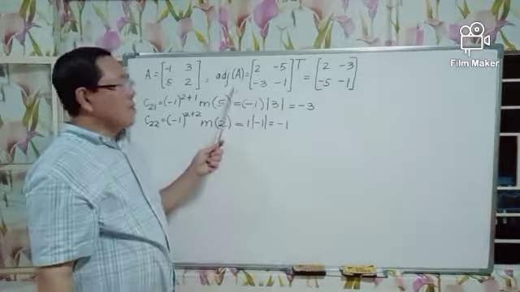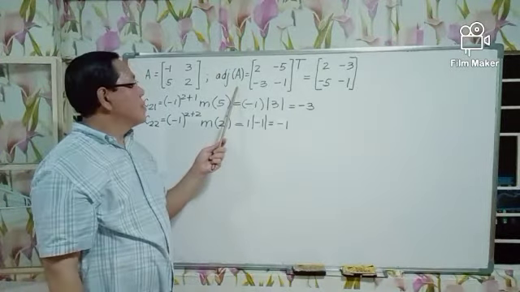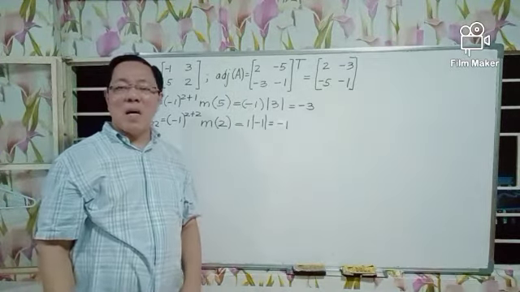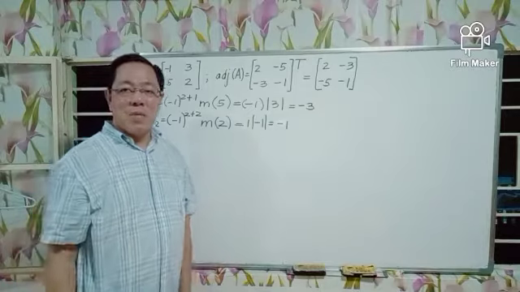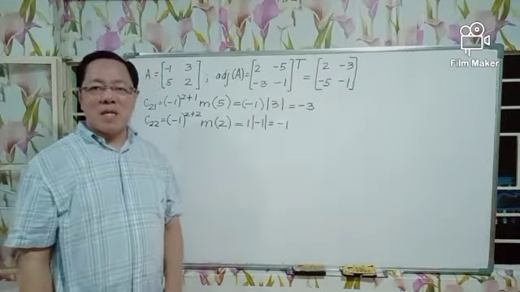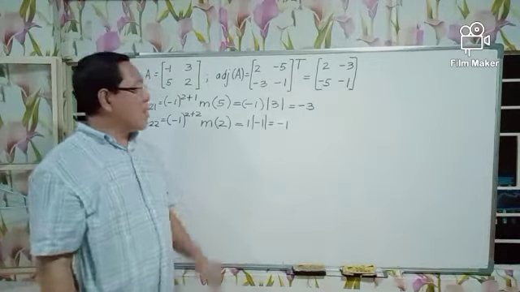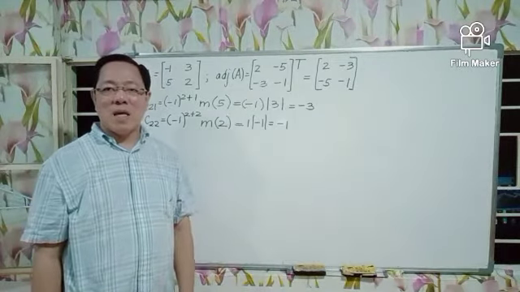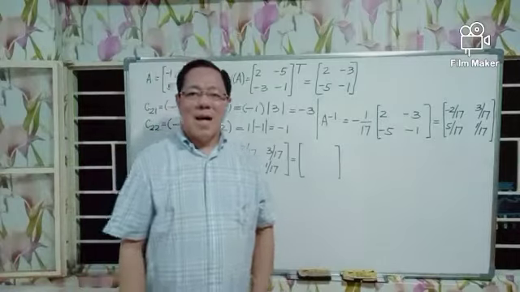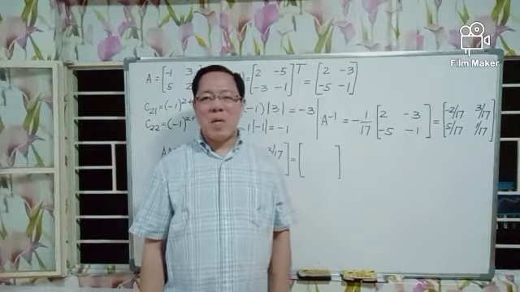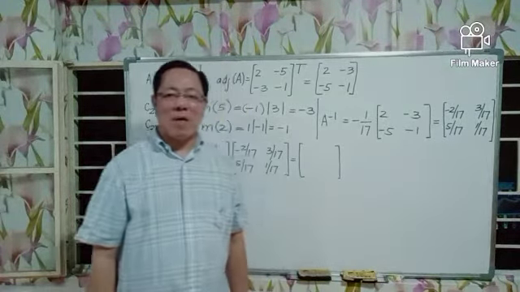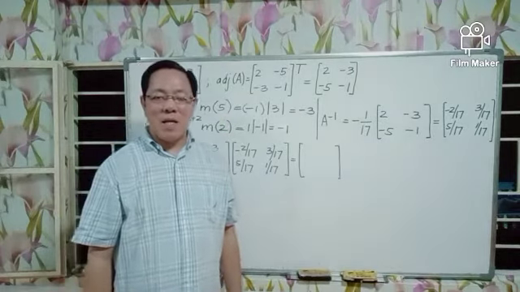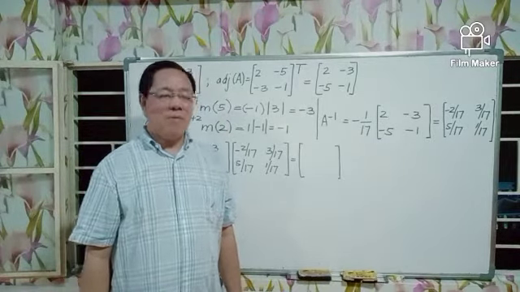And finally, we divide the adjoint of matrix A by the determinant of matrix A, or we multiply the adjoint of matrix A by the reciprocal of the determinant of matrix A. Earlier we got the determinant of matrix A equals negative 17, and its reciprocal is negative 1 over 17.